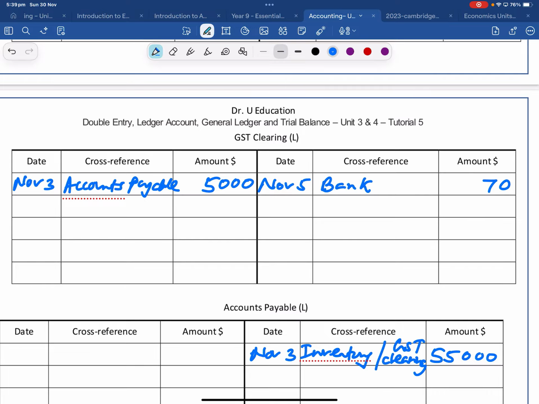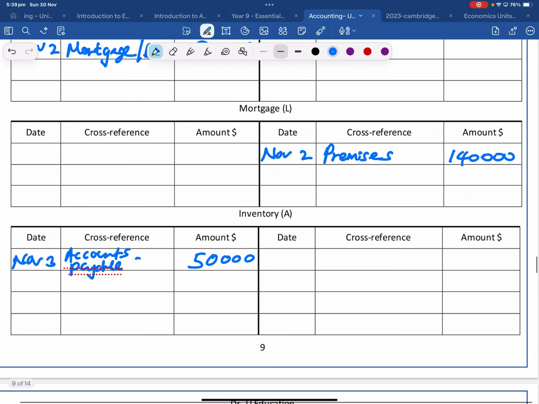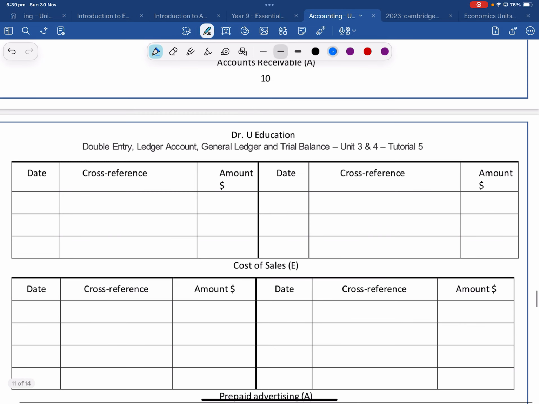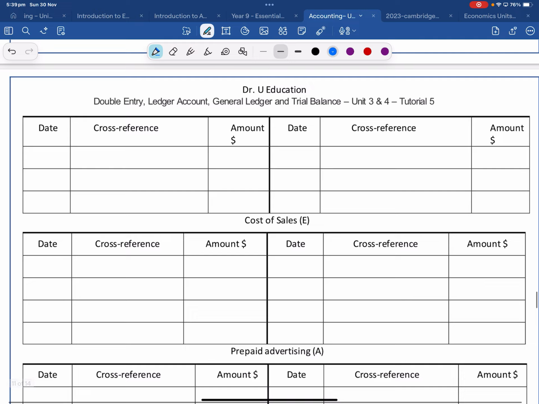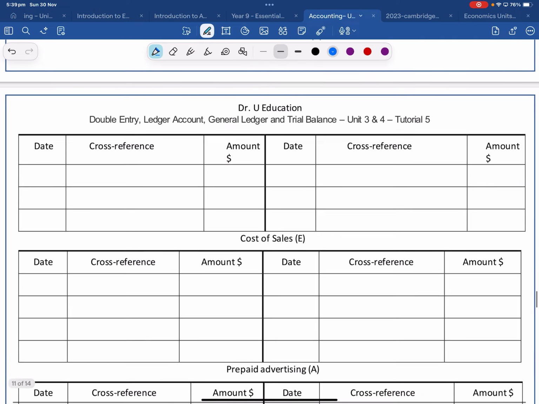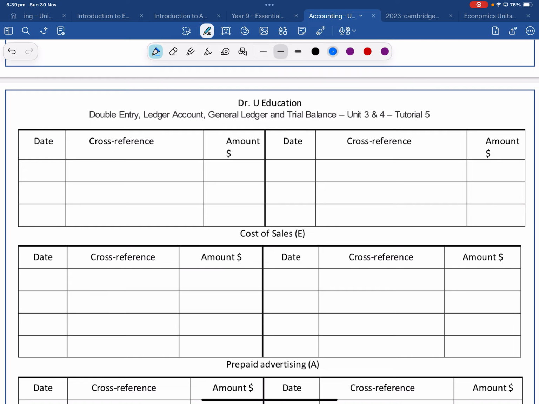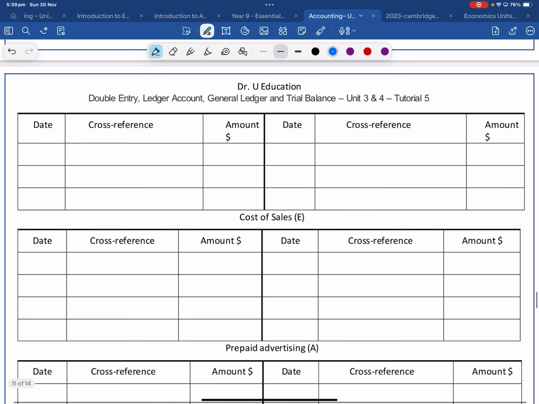Then at the cost price, guys. What happens to the cost price? Firstly, we'll record in the cost of sales. What happens? November 5th. Cost of sales debit. How much? 500. Saying inventory. Don't write bank. Inventory.